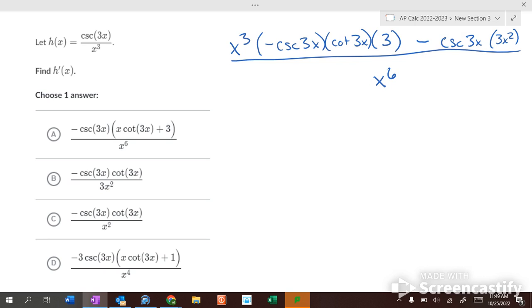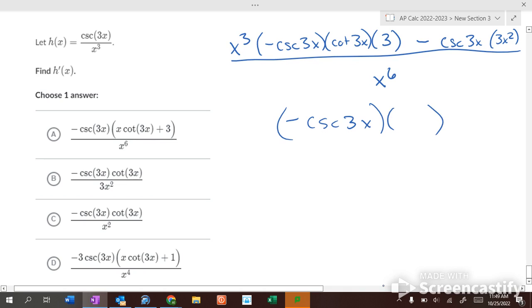I can factor out what? Negative cosecant of 3x. Is that the only thing I can factor out? No! What else can I factor out? 3? Not 3. Oh, yeah, 3. 3 and what else? X squared.